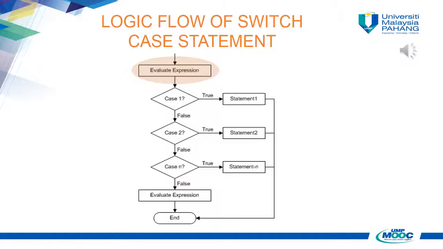Then, if the evaluated expression equals case 1, statement 1 will be executed. However, if the evaluated expression equals case 2, statement 2 will be executed, and so forth. Basically, the switch case statement is similar to if-else, but as mentioned previously, it can only evaluate either an integer or a character.